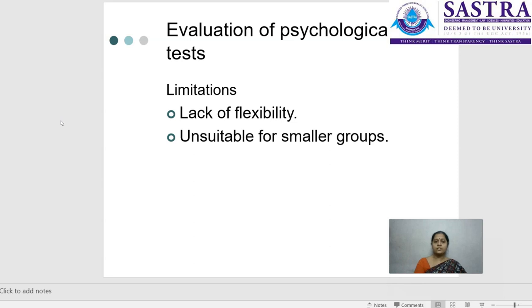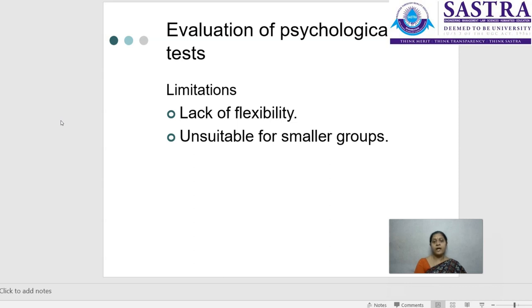The limitations go like this. It lacks flexibility, because these psychological tests have a predefined set of tools that have to be used without making any major changes. That is another drawback. It is also unsuitable for smaller groups, because we need a large pool of applicants in hand to conduct the psychological test.